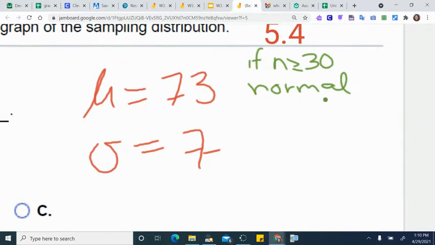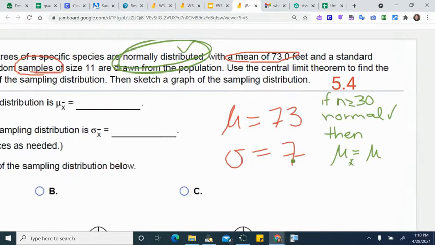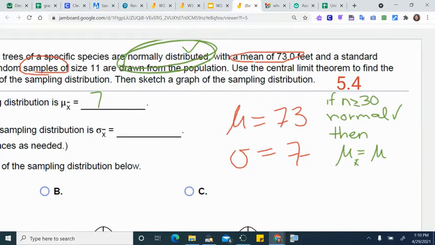So we know that the original was normally distributed. Then the mean of the original population is the same as the sampling mean. So in this question, that means my sampling mean is going to be 73. It's going to be the same as this guy.